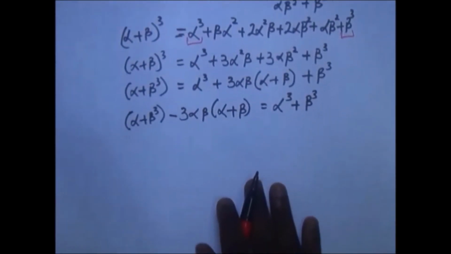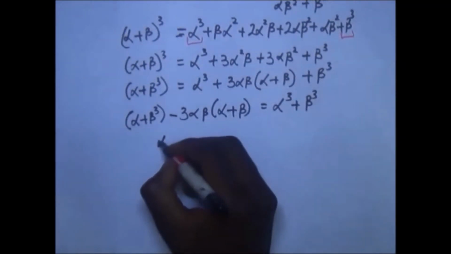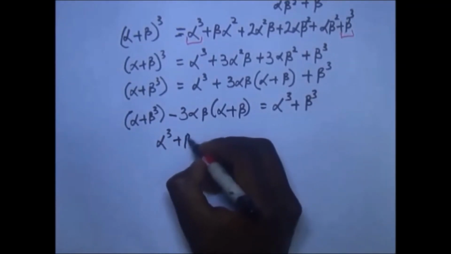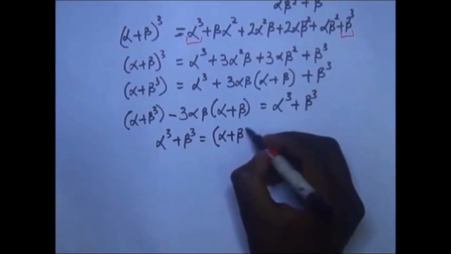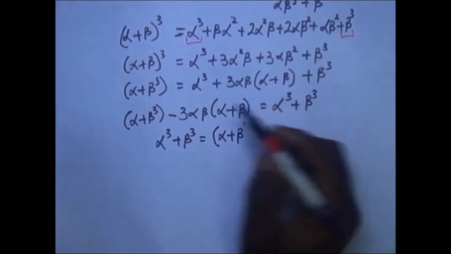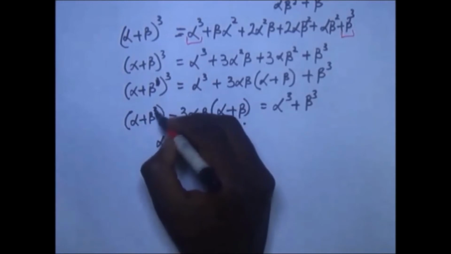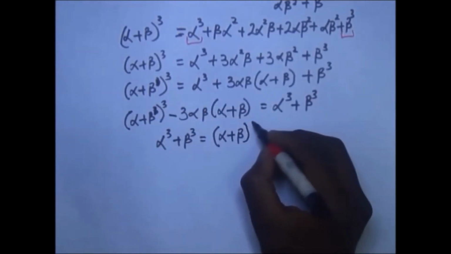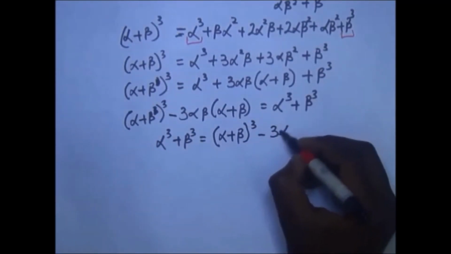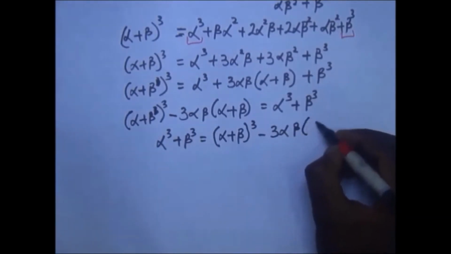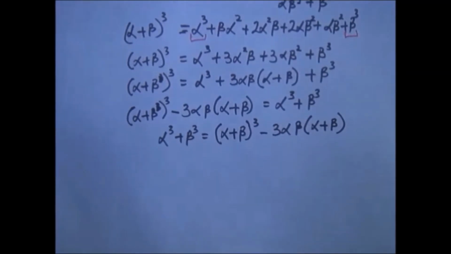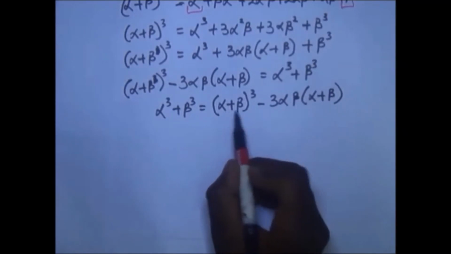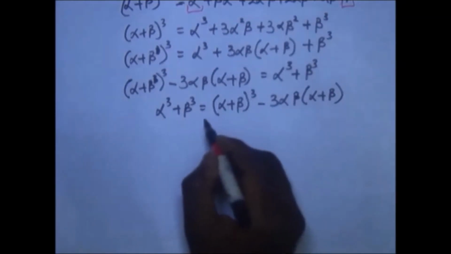So rearranging that, alpha cubed plus beta cubed is giving us alpha plus beta in brackets cubed minus 3 alpha beta into alpha plus beta, and that is our answer. In essence, we have expressed alpha cubed plus beta cubed in terms of alpha plus beta and alpha beta.